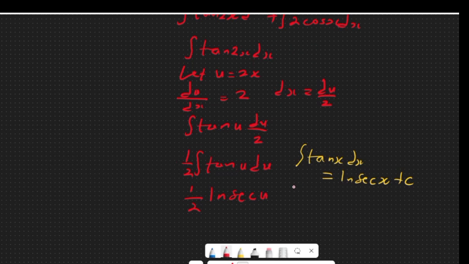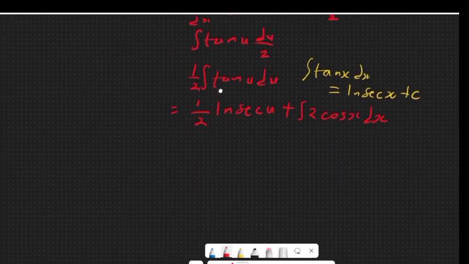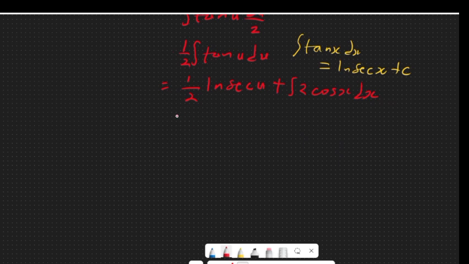Now, what about the integral of 2 cos x? So we all know that if you differentiate cos, we're going to give you sine. What is our u there?